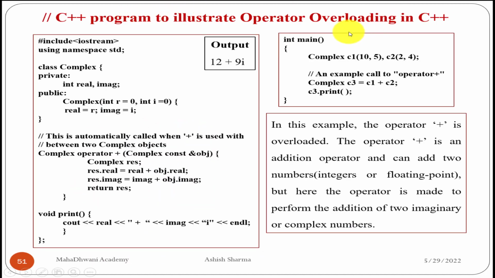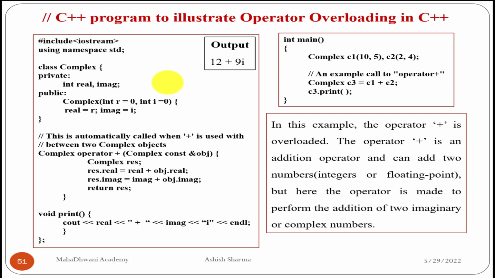Now we see one example here. This is an appropriate example to understand operator overloading. We use a complex number, and a complex number is always in the form of a real part and an imaginary part. So it is a combination of a real and an imaginary part.